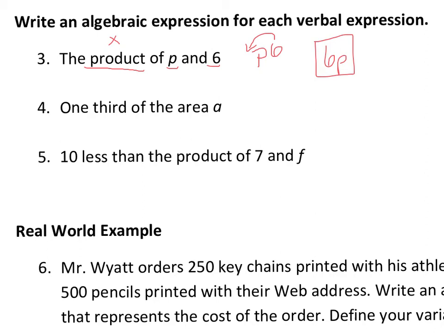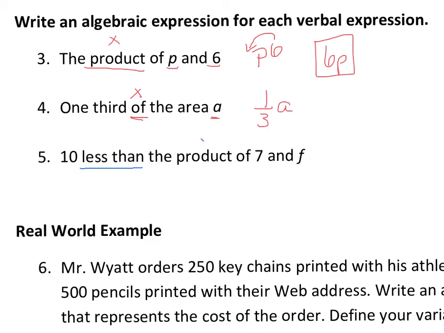Okay, number 4. 1/3 of, remember of means multiply, the area A. So it's telling you to use A for area. So 1/3 times A, or just 1/3 A. Now, I always put number 5 in here because this word, less than, is always causing fits. It says 10 less than the product of 7 and f.